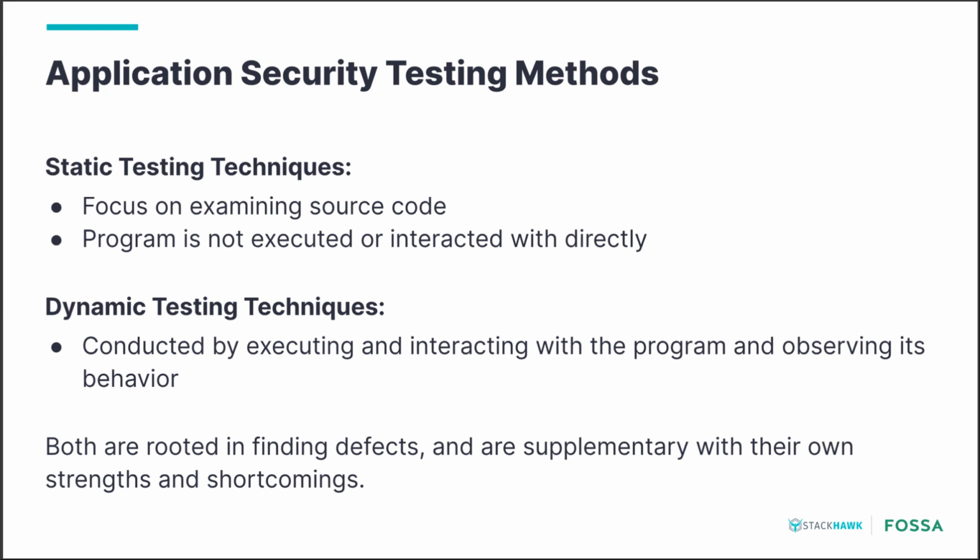The really important part is both are rooted in finding defects and are supplementary, with their own strengths and shortcomings. Both of these tools are really good at getting great coverage. There's a handful of other tools like IAST, which is runtime instrumentation, RASP, which is also runtime instrumentation but can block, WAF, and a handful of other things. If you are starting on your application's security journey, I always recommend starting here.